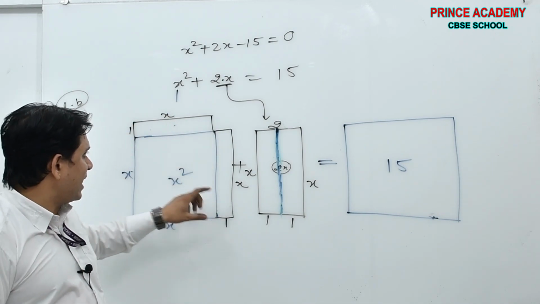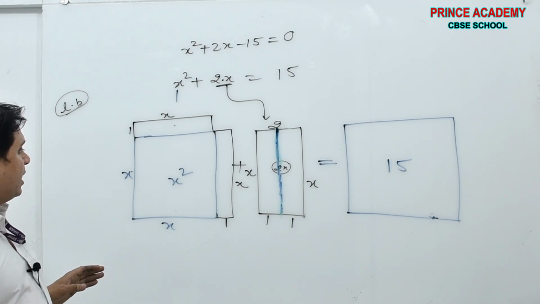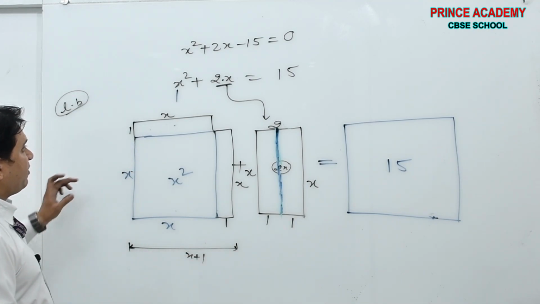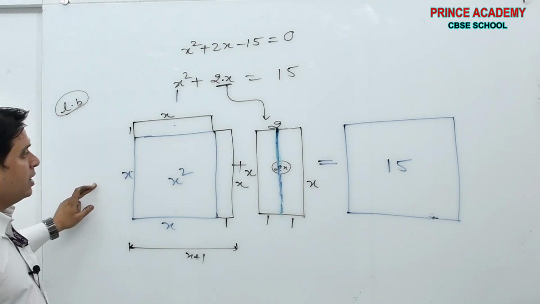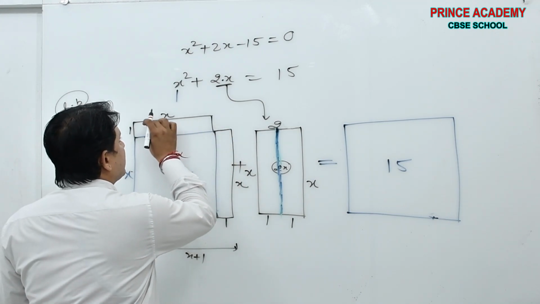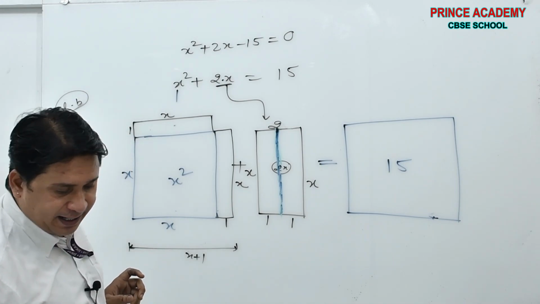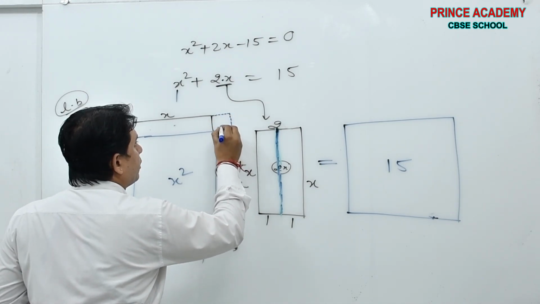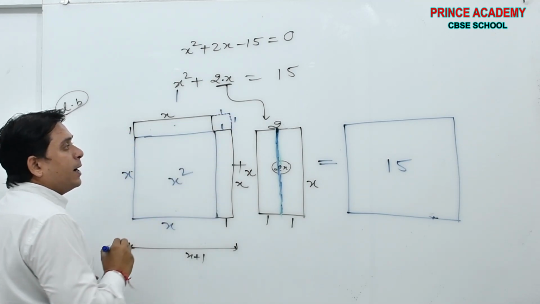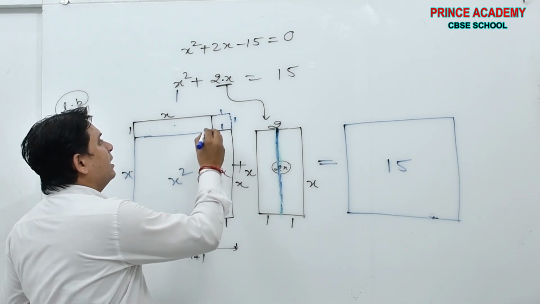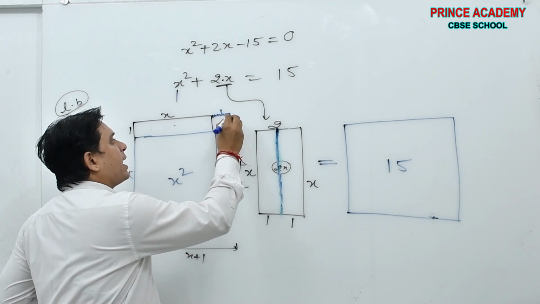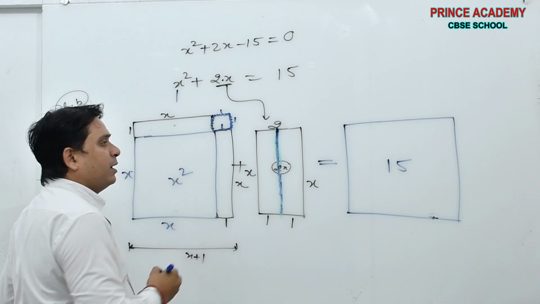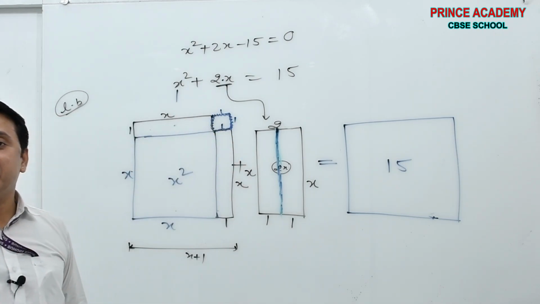If you see, this side is x plus 1, yes or no? And this side is also x plus 1. This is x, this is 1. If we add this portion here, 1, 1, 1. It means if we are adding a square of area 1 by 1, the whole square is completed, yes or no?